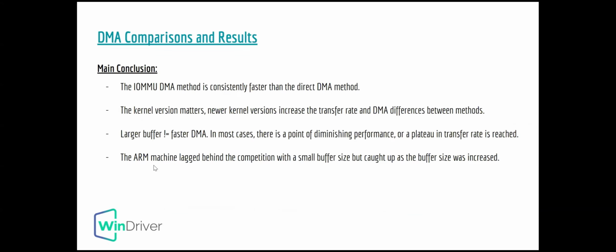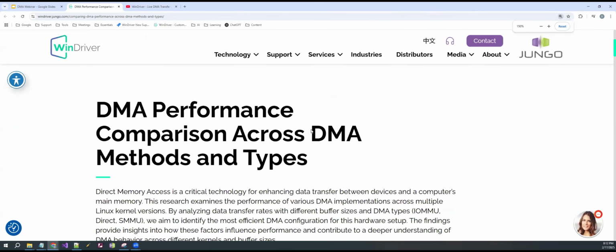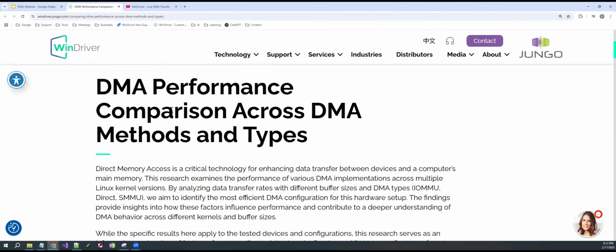I want to show you research made by our R&D team for comparing DMA performance. You can find it on our website, in the blogs, and this is the headline.